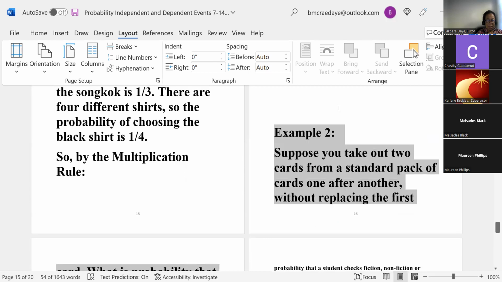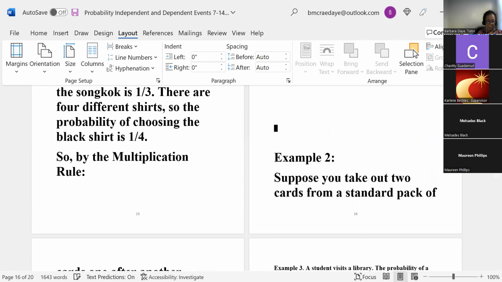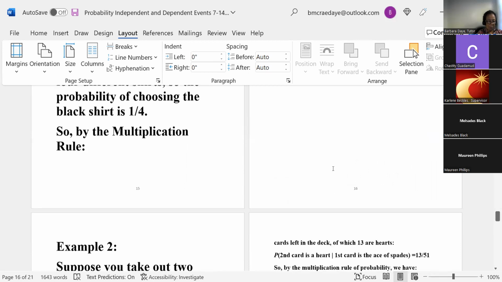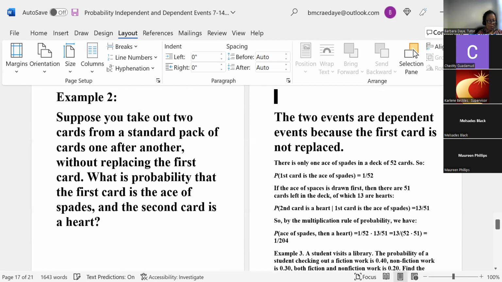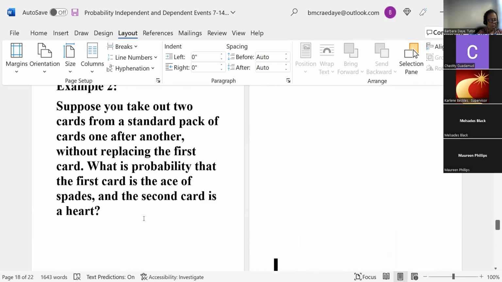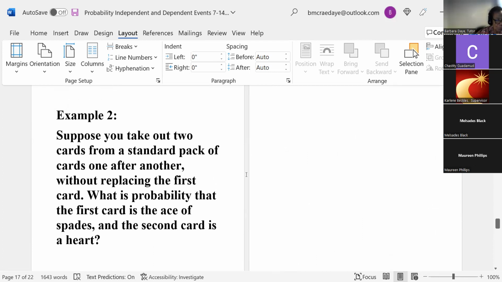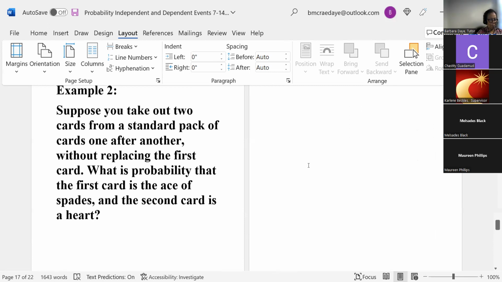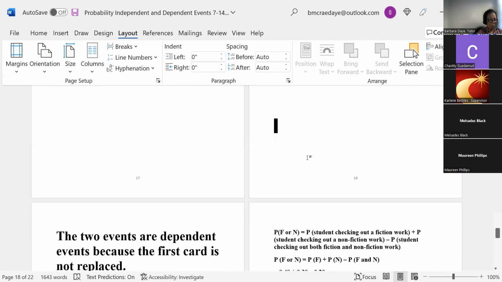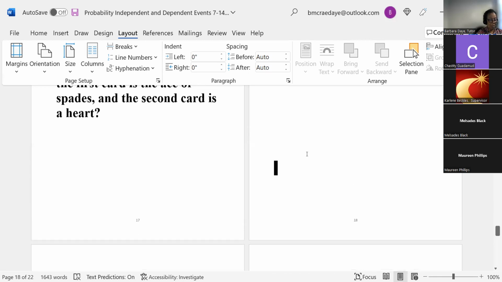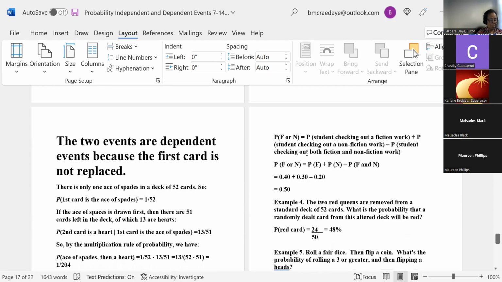Maureen, I want you to tell me the answer. Okay, Maureen, read number 2. Suppose you take out 2 cards from the standard pack of cards, one after another, before replacing the first card. What is the probability that the first card is an ace of spades and the second card is a heart? So these are dependent events, right?